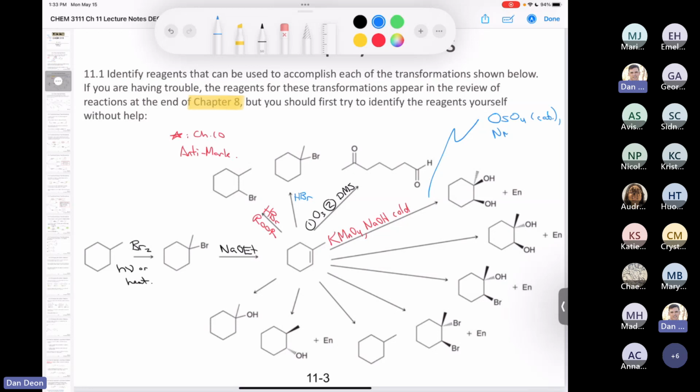And NMO, which stands for N-methylmorpholine N-oxide, which is the co-oxidant. And I see that Tiana put, you're close, you put sodium bisulfate. It's sodium bisulfite, so NaHSO3. That also works. I would also say totally acceptable. Yes, absolutely. All right, so that's syn dihydroxylation.